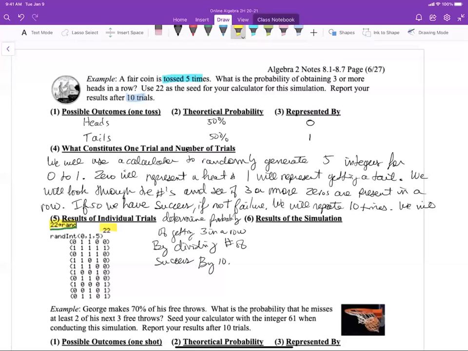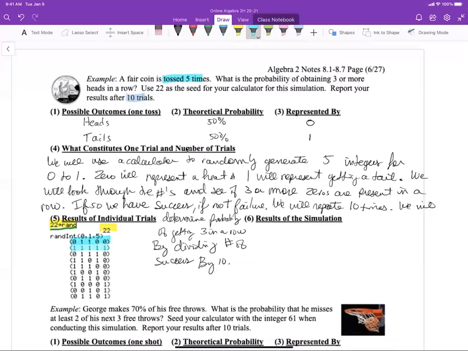And I did something wrong, so we got to start over. So I'm going to seed my calculator. I want to generate random numbers. So option 5 between 0 and 1. There, perfect.